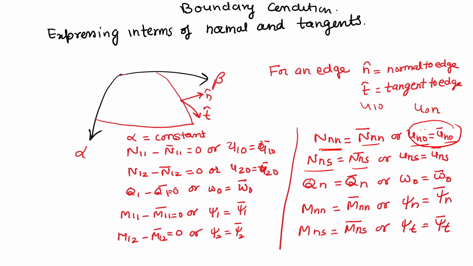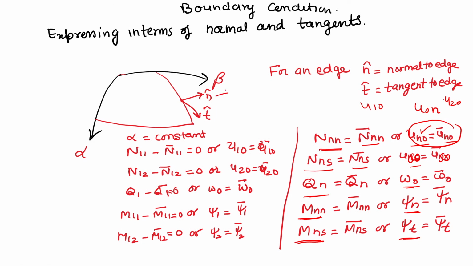So, UN0 is fine, then US0, because we are saying U20, then QN, W0, MNN, the moment in normal, then psi n, then MNS, the shear moment or coupled twisting moment, and psi t.